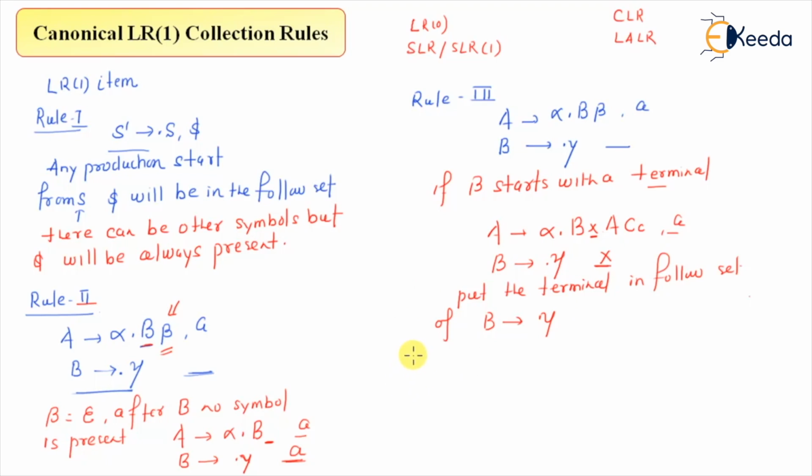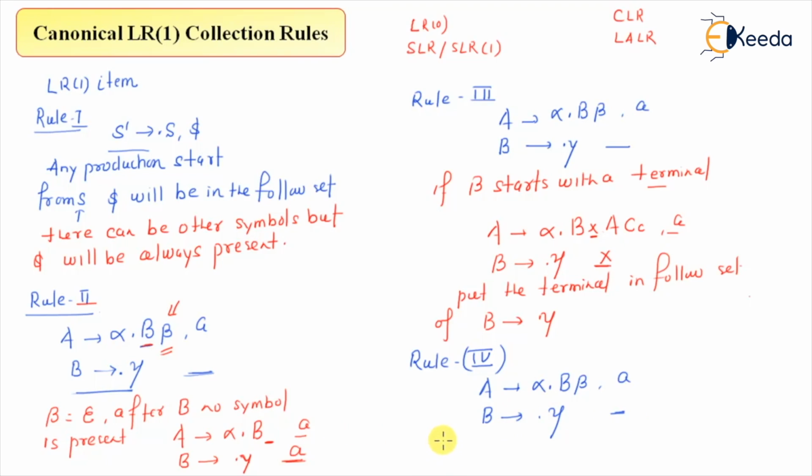now rule 4. That is a simple extension of this rule: if there is a non-terminal extension, then nothing is there, terminal is there, and non-terminal is there. So A derives alpha dot B beta, and suppose the non-terminal is A, and I am adding B derives dot gamma here.